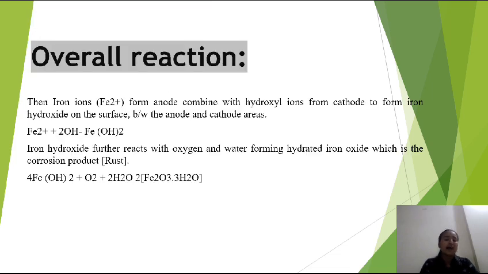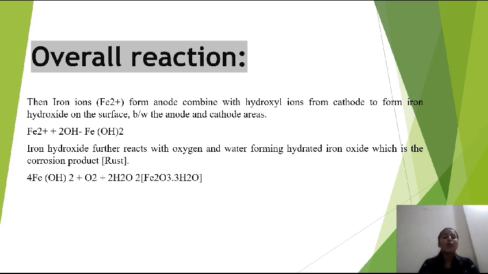Next, the overall reaction. The iron ions Fe2+ from the anode combine with hydroxyl ions from the cathode to form iron hydroxide on the surface between the anode and cathode areas. Reaction one: Fe2+ plus 2OH- gives Fe(OH)2.